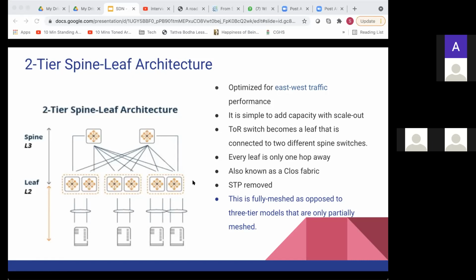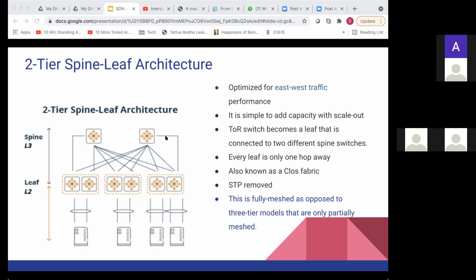And because it's a full mesh architecture, the full mesh was much easier to implement by providing this ToR switch. So this particular way in which it got connected was called a CLOS fabric.